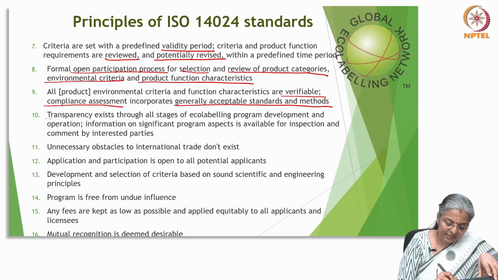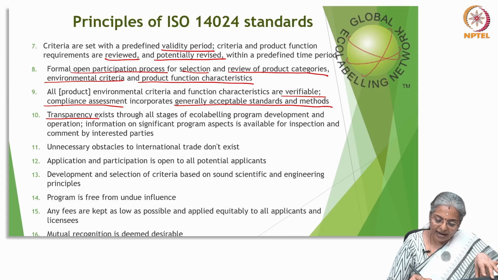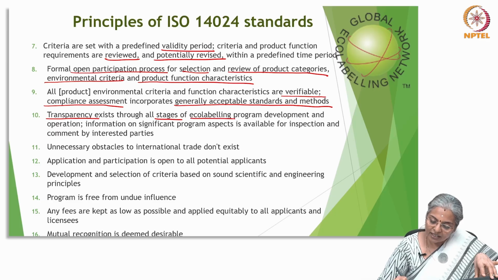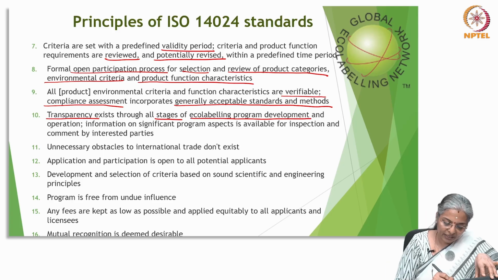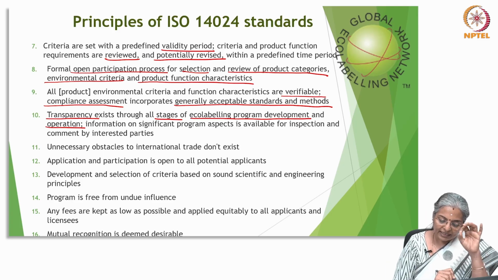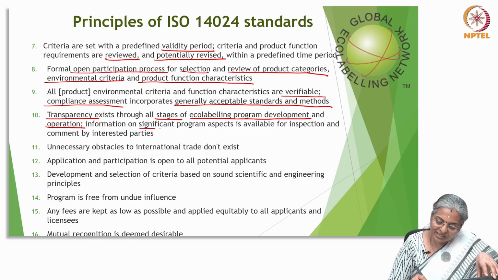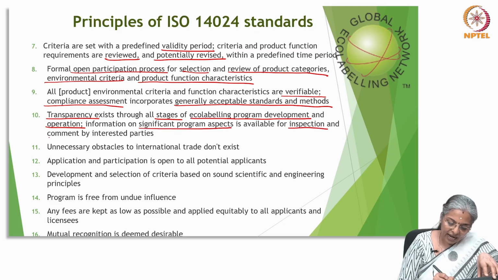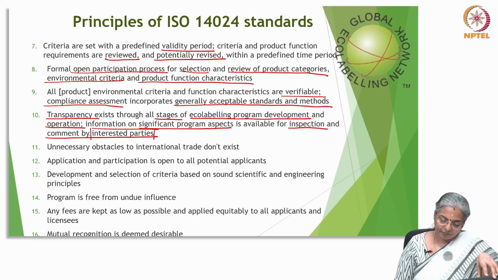Throughout the process, there will be transparency at every stage of eco-labeling as well as eco-labeling program development and operation. There will be information on significant program aspects for inspection and comment by any interested parties.